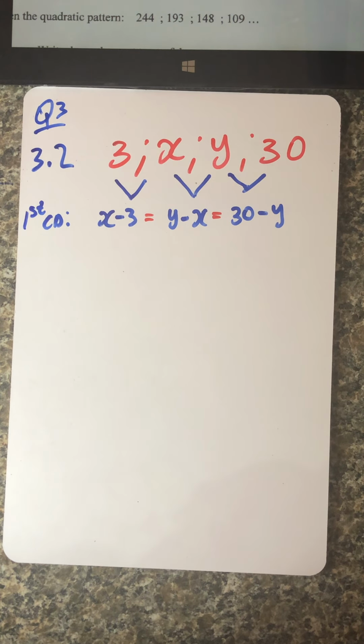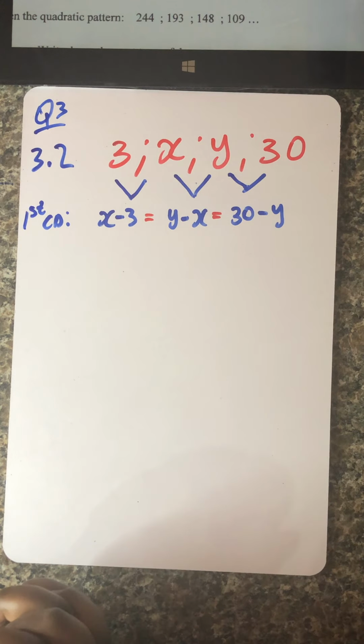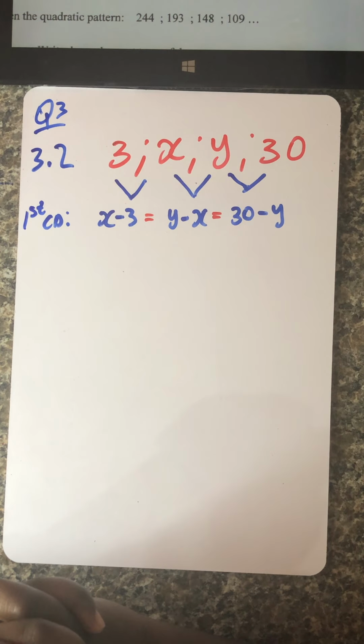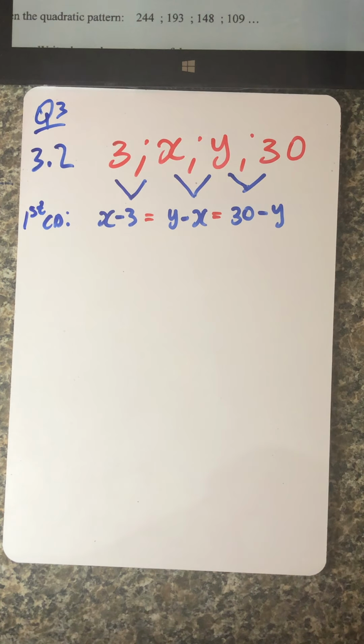Obviously, if we equate these differences, we should be able to have formulas which we can use to make maybe x or y the subject of the formula, and then from there substitute in one of the formulas, and then determine either the value of x or y and substitute into the third equation.